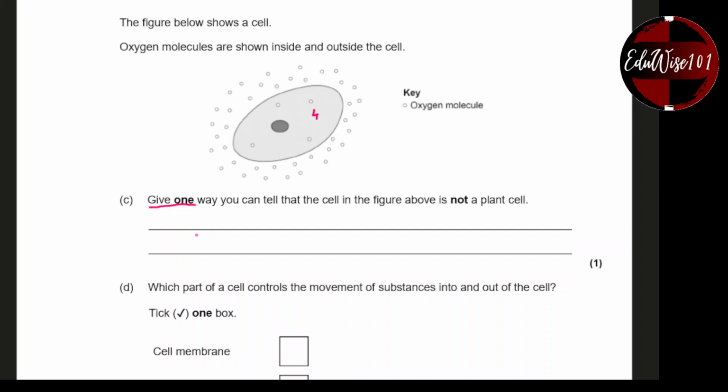Well, the reason it's not a plant cell is because it does not have a cell wall, or you could say not a nucleus, permanent vacuole. Right? It does have a nucleus. Or you could say it doesn't have a chloroplast.